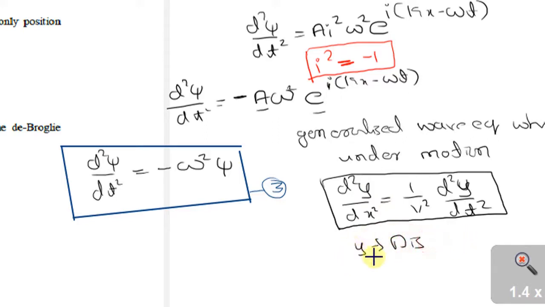So replacing y with psi, the above equation can be written as d²ψ/dx² = 1/v² × d²ψ/dt².